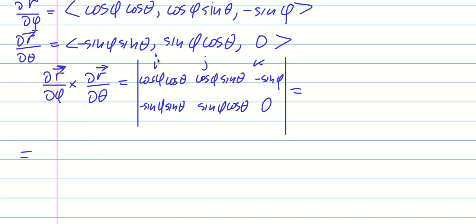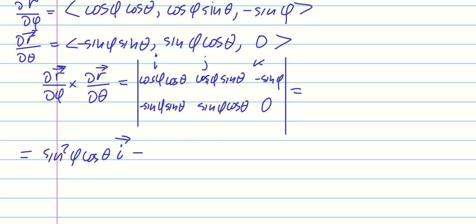So for the i, we cross out the first column and second column. We're going to get 0 minus minus, which is plus, so it's sine squared of phi cosine of theta i.